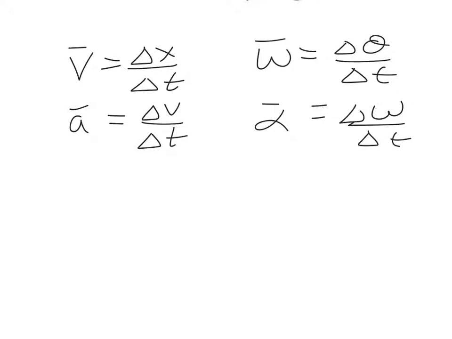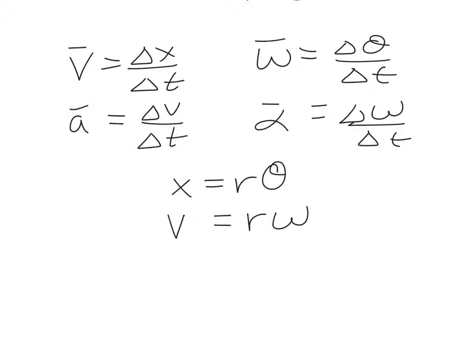Now we're going to throw in the conversion between linear position and angular position, which is just x equal to r theta. Then we're going to throw in the conversion between velocity and angular velocity, which is just v equals r omega.